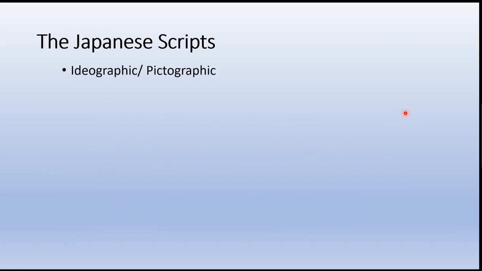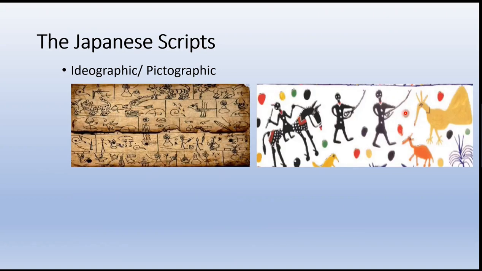The second kind of script that is used in Japanese is the ideographic or pictographic script. The ideograms or pictograms are not something of recent past. Ancient man used to make cave paintings depicting various actions from their daily lives. These were pictographic languages.